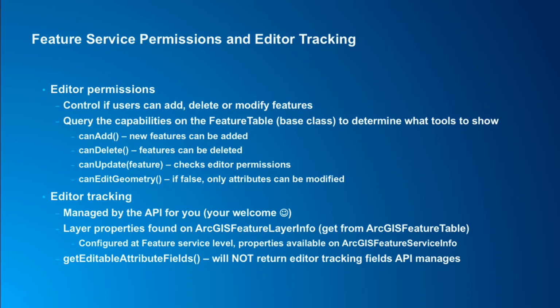And you can get all the layer properties from the ArcGIS feature layer info, which you can get from the table, which give you all the other additional information about editor tracking if you want to. But typically what we see is, as long as it's taken care of you, and as long as you're calling that can update feature method that checks these editor tracking permissions, then you'll be good.